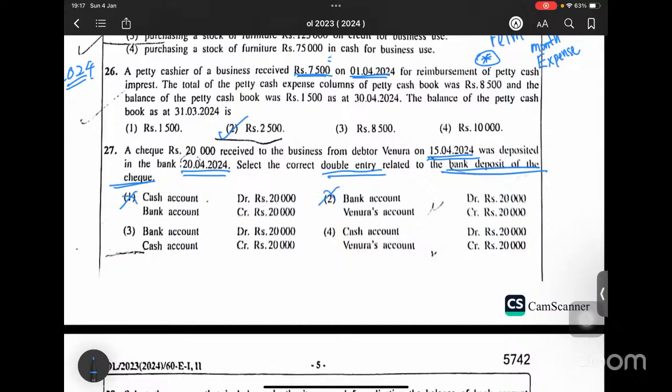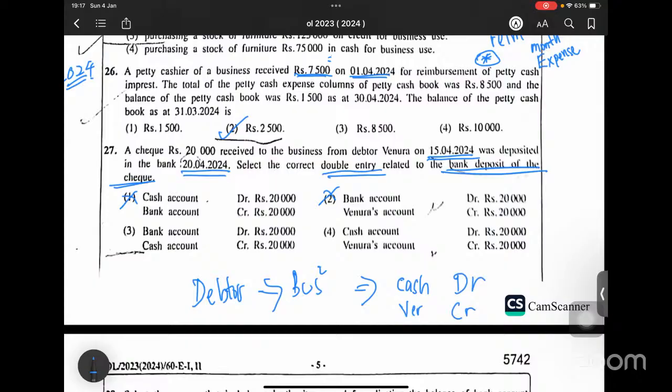Here it should be, when the debtor gives the business the cheque, we record it as cash debit and Venura credit.